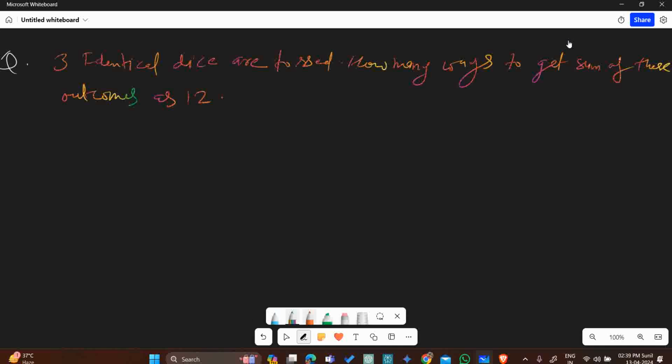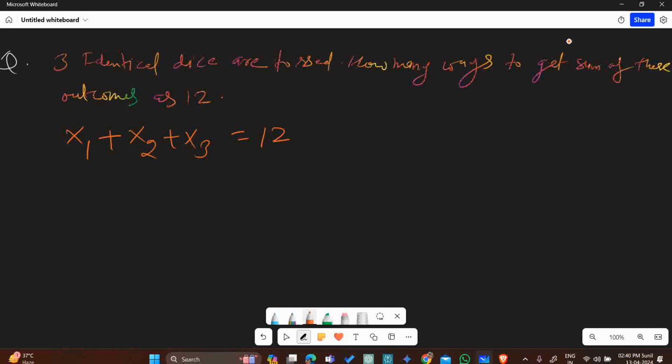This is the question. So let's do this, guys. How can we do this? We have 3 identical dice, x1, x2, and x3. These outcomes should sum to 12. Right? Distribution of numbers in identical boxes. This is like that.